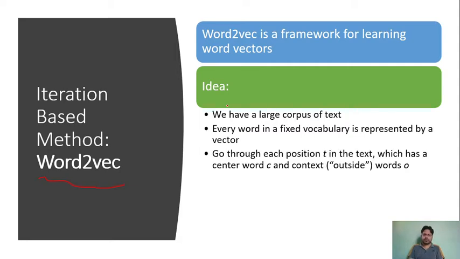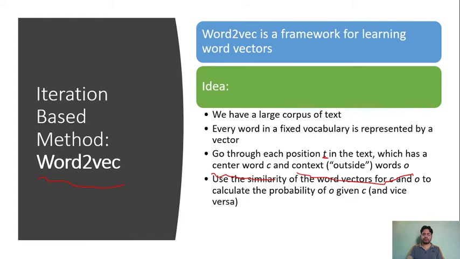Then you will go through each sentence and through each position t in the text. So how will we do it? You will look at the center word and the context word. These two things we'll check.